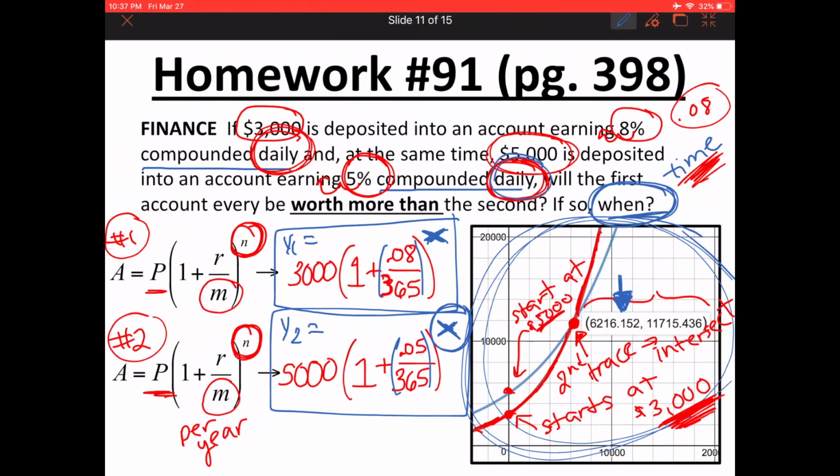I'm working with daily. So your final answer would be x equals 6,216 days. So this here at the bottom would be your final answer of when would the first situation be worth more than the second. It would be after 6,216 days. Phew, good job following along with that one.